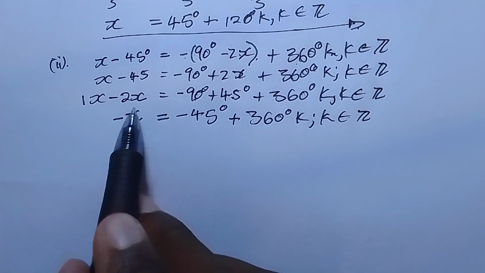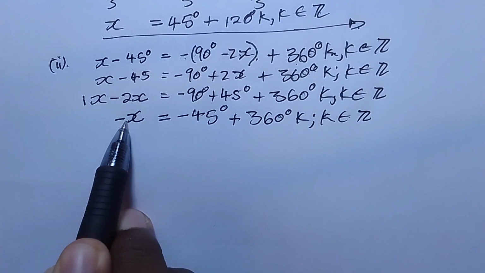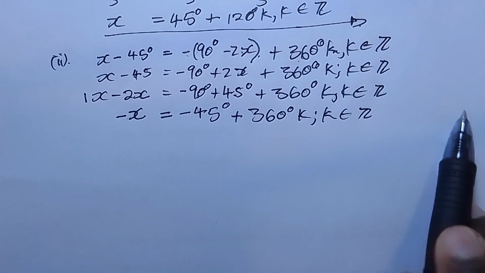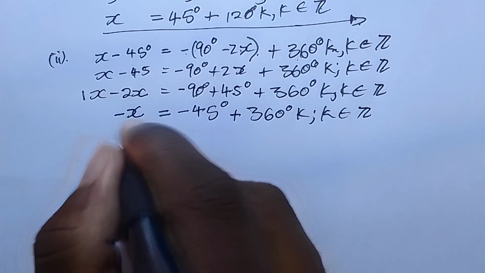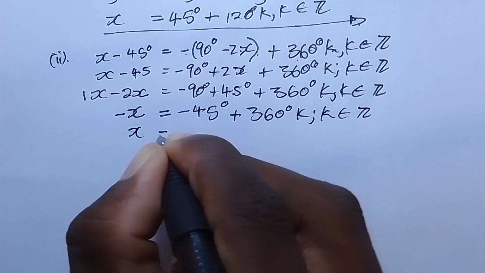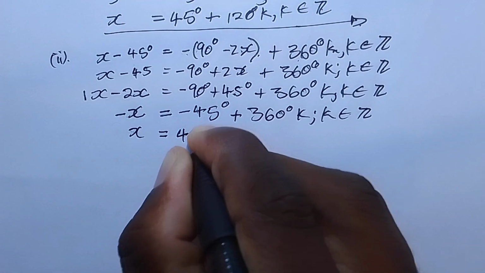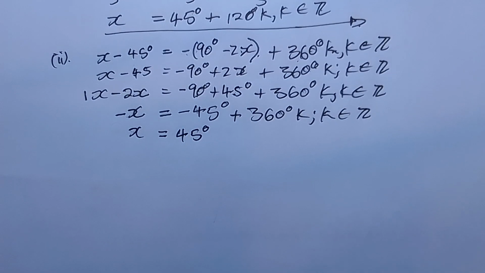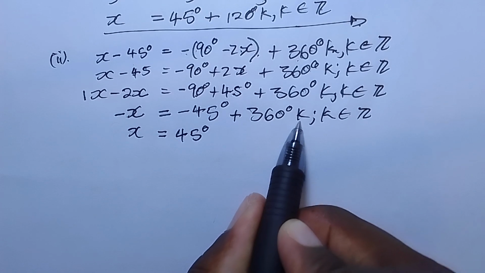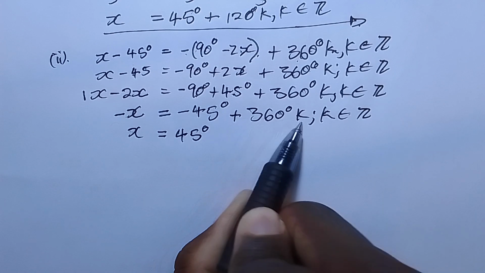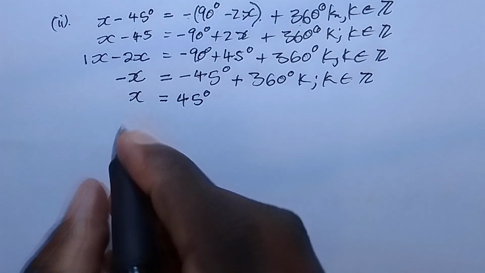Last step, there's a negative in front of x. So you multiply everything by a negative sign. If you multiply this by negative 1, you have x. If you multiply this by negative 1, you have 45 degrees. If you multiply this by negative 1, let's think about that one.